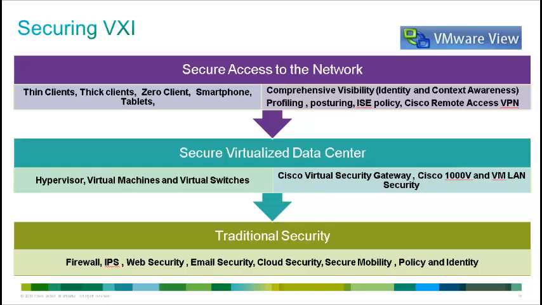And at the end, we have traditional security. We are the leaders in traditional security space, where you have to pass through firewall, IPS, web security appliances, and email security appliances. Let's have a look at some of the use cases and scenarios when it comes to desktop virtualization and VDI, and what Cisco offers from a security perspective.